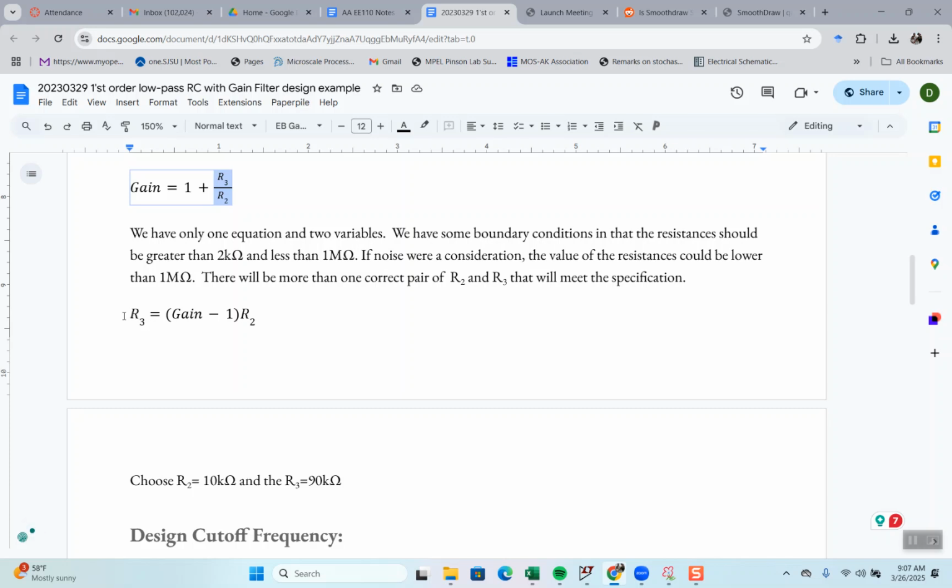Why did I choose to solve for R3? There's something kind of hidden: resistors, in the 110, 122, 124 context, should be around 10 kilo ohms or higher.